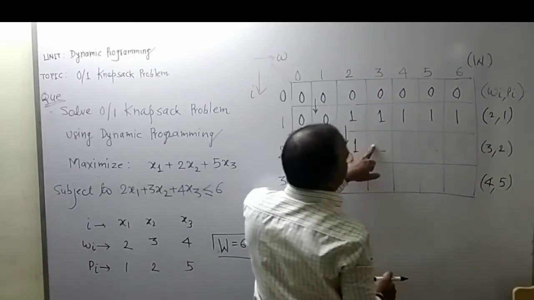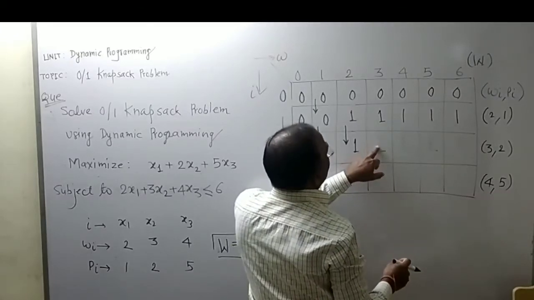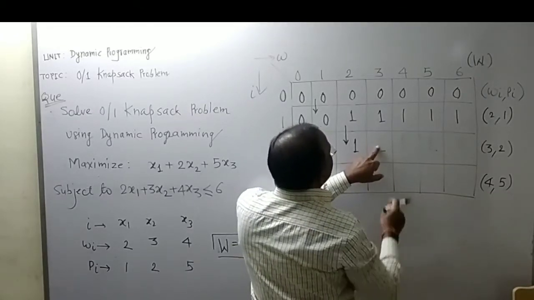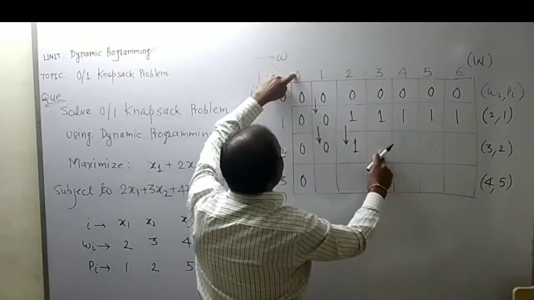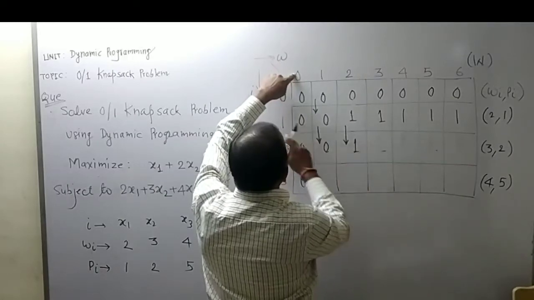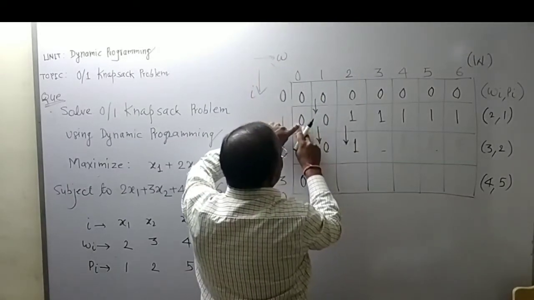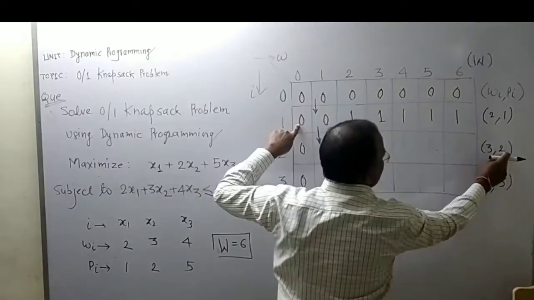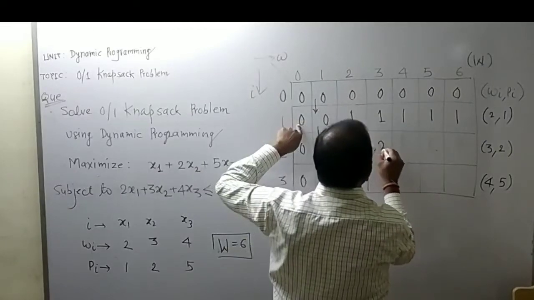No, the condition is not satisfied, then find another column, using 3 minus 3, that is 0. The row will be the previous row, that is row 1. Row 1 and the 0th column, you will get the cell 0, and add the profit 2 with 0, so you will get 2.